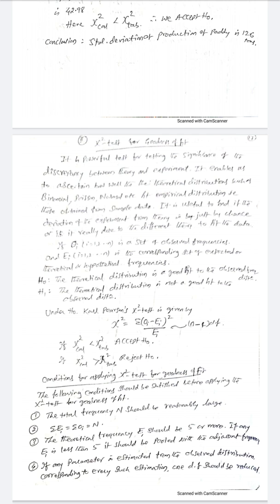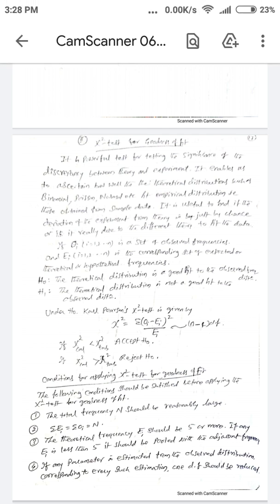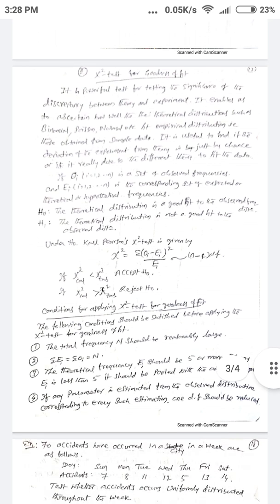So if O1, O2, ..., On is a set of observed frequencies and E1, E2, ..., En are the corresponding expected or theoretical frequencies, then the null hypothesis is that the theoretical distribution is a good fit, and the alternative hypothesis is that it is not a good fit.